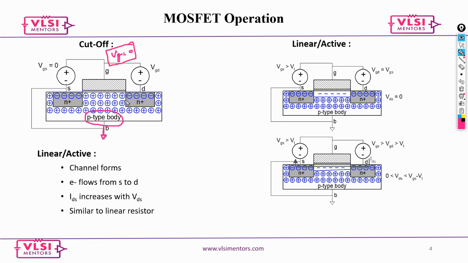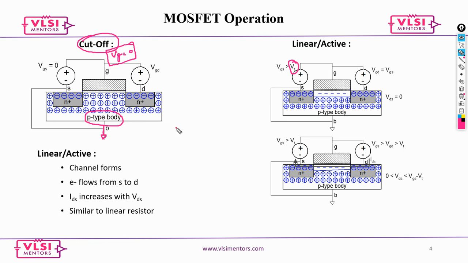So the transistor is said to be in cutoff. When your gate voltage is more than the threshold voltage, then the channel gets formed, and during that time the charges travel. So during the cutoff there is no channel.